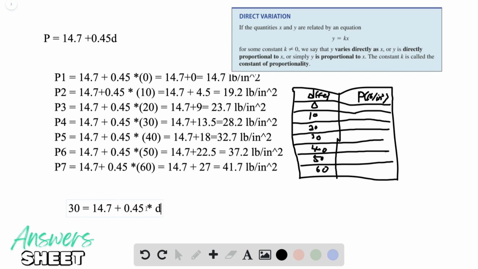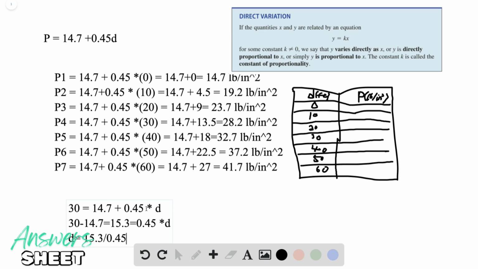And we're just going to keep the D because we don't know what the variable is yet, and we're trying to find the answer. So 30 minus 14.7 is 15.3, and that's also equal to 0.45 times D. And D will be equal to 15.3 divided by 0.45.